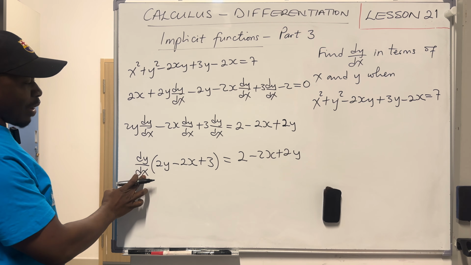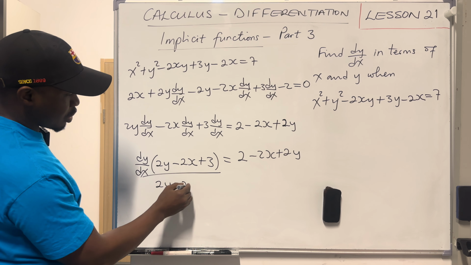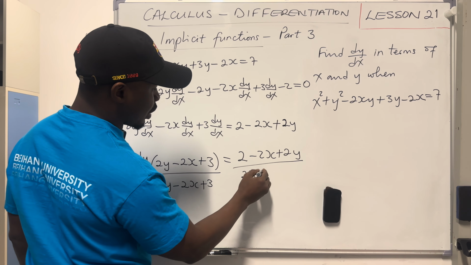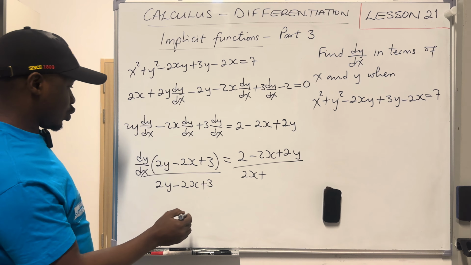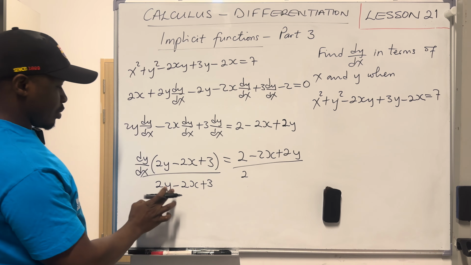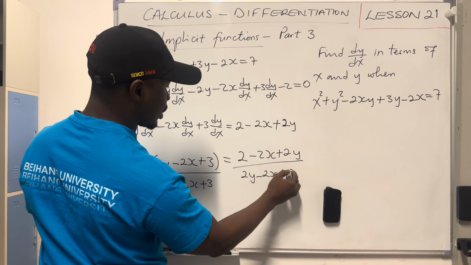But we need only dy dx, so we divide both sides by this expression, 2y minus 2x plus 3.